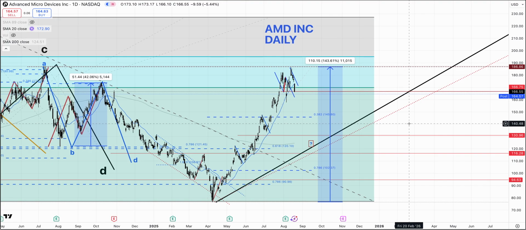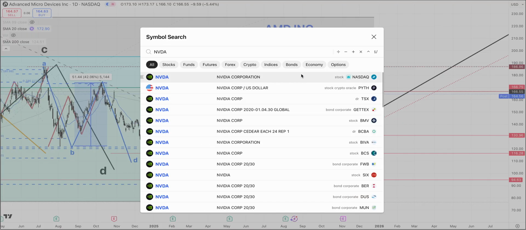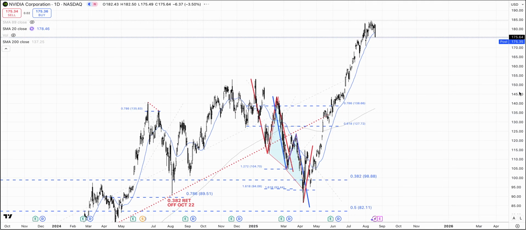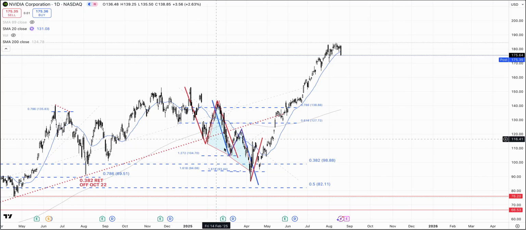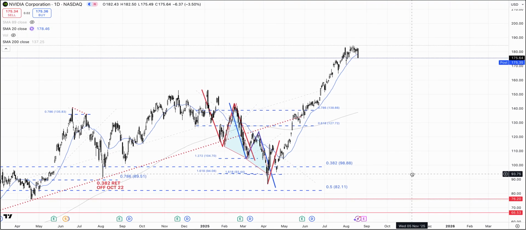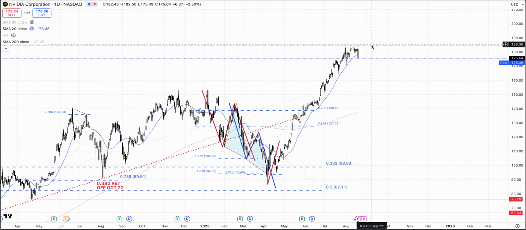Now let's take a look at NVDA. I believe NVIDIA's earnings will come out next week, and this is when the 7th of April was happening, and we had a really nice move right here. And look here, NVIDIA has closed 3.5% below the 20-day moving average. I think it's opening up potential for a further pullback.